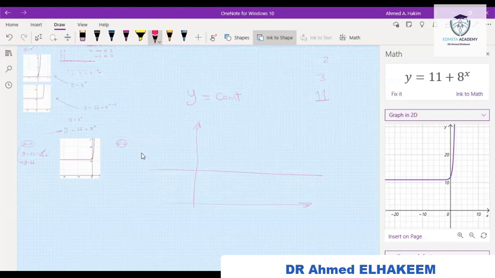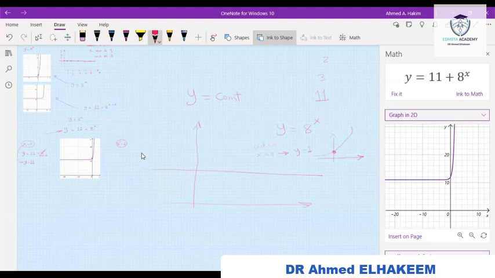If I have the function y equals, for example, 8 power x, its drawing without any addition is something like that. And we proved it because when x equals 0, y will be equal to 1.